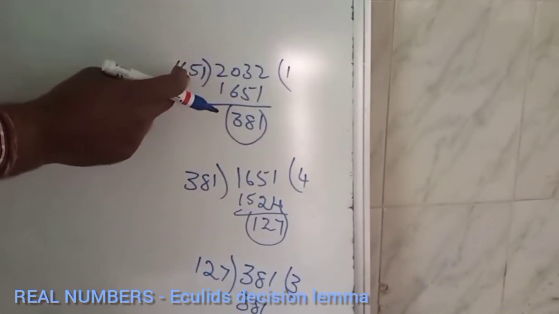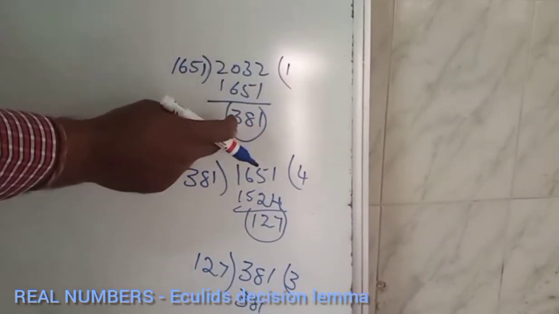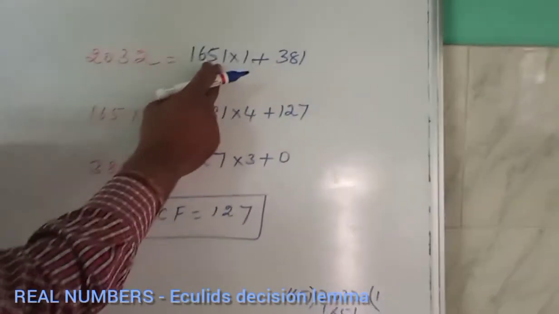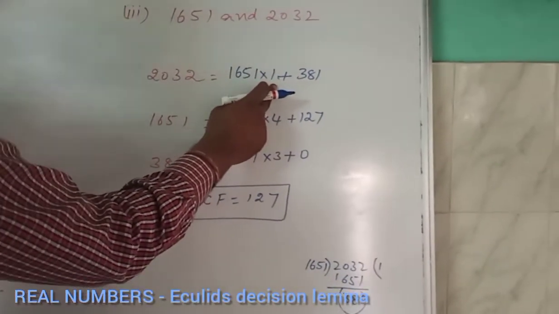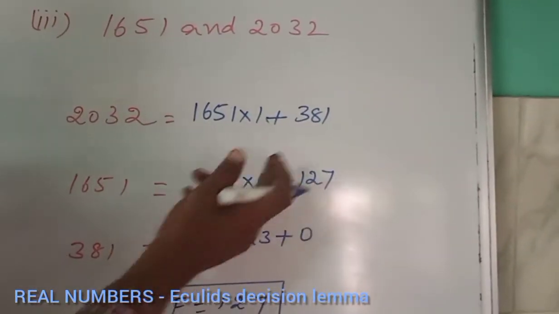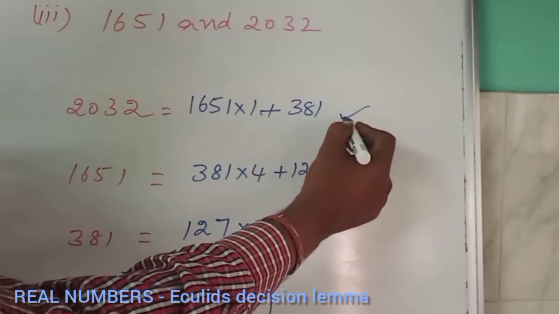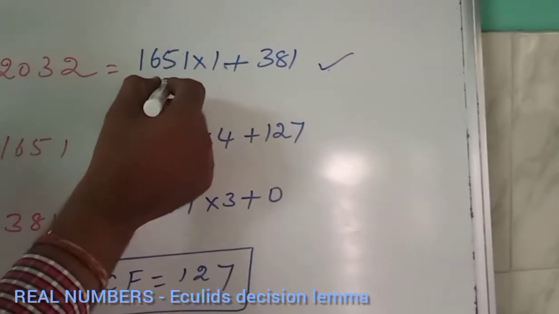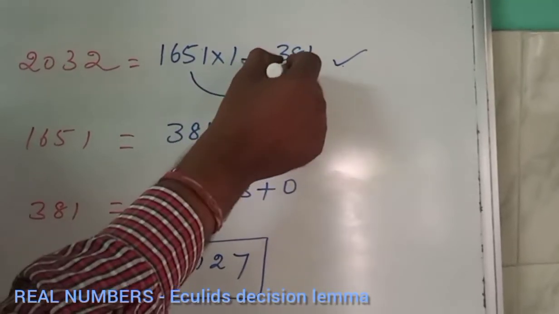Dividend equals divisor into quotient plus remainder, so 2032 is equal to 1651 times 1 plus 381. Here the remainder is not equal to 0, so once again apply Euclid division lemma with these two numbers.